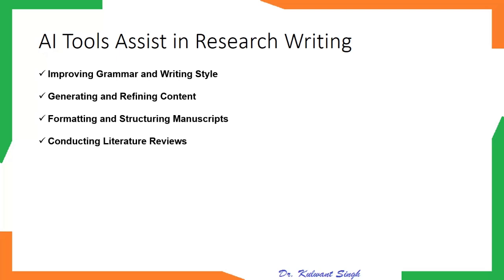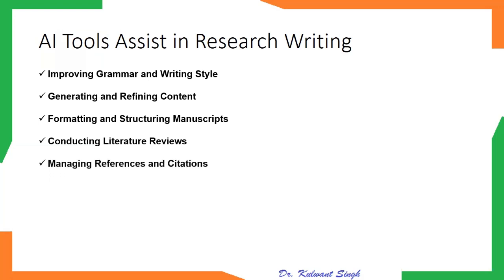This time consuming task can be easily completed with the assistance of AI tools because it includes searching of literature, refining of literature, extracting the desired knowledge from the literature, and then synthesizing the different literature according to our theme. So this task is easily managed by AI tools.